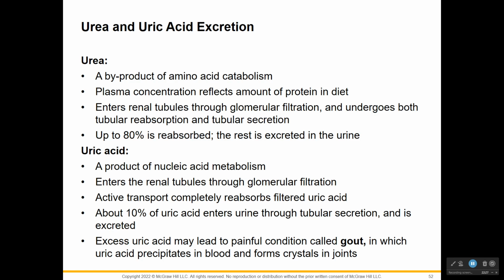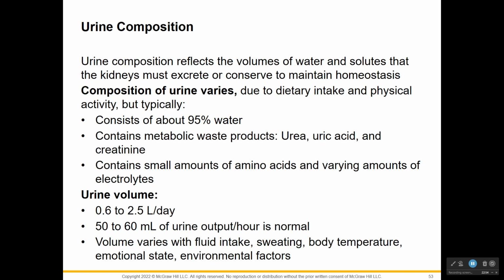And so that also is going to enter the renal tubules through the glomerular filtration, and it actively transports reabsorption. 10% of the uric acid enters the urine through tubular secretion and is excreted. Now, excess uric acid, if you have too much, can create gout, where it precipitates in the blood. So you usually see this in the feet, and it forms crystals in the joints and is very painful.